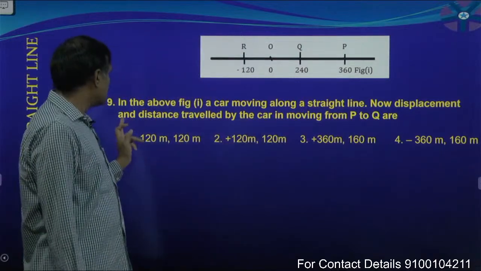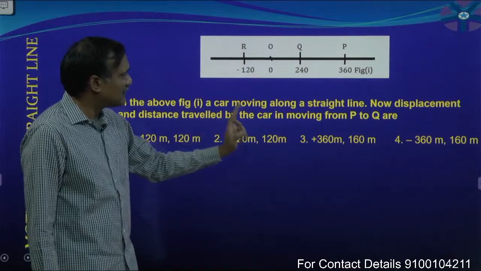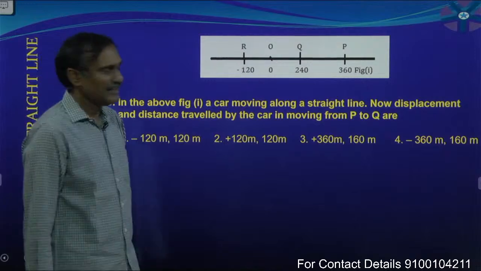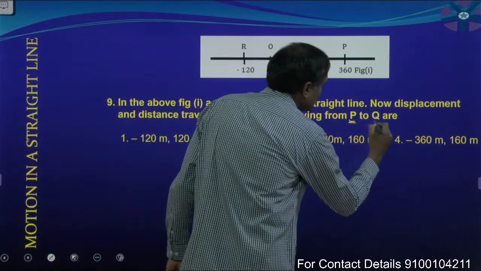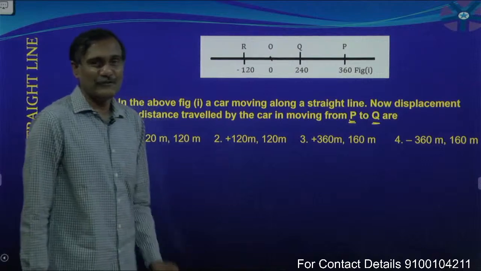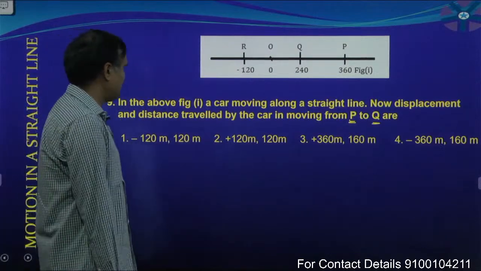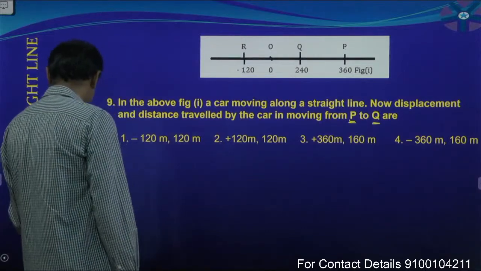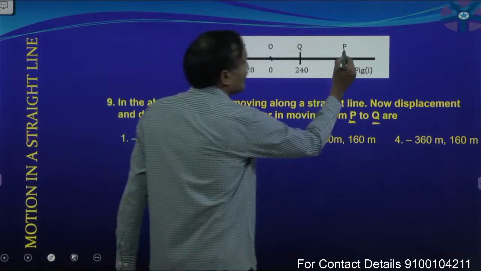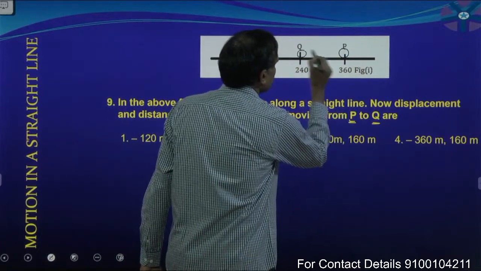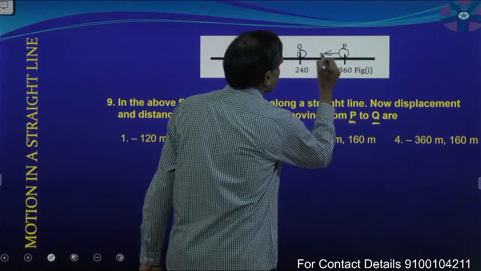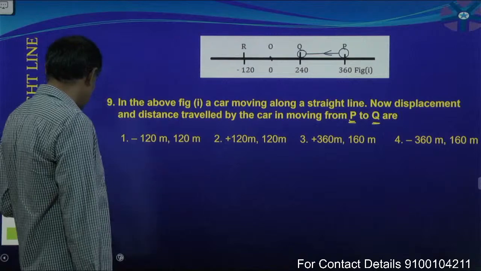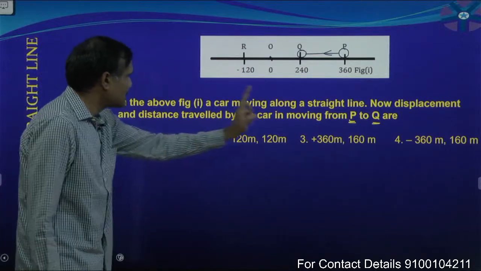Now, find the displacement and the distance travelled by the car in moving from P to Q. First, I want to calculate displacement in moving from P to Q. It travels from P to Q in this manner. For that journey, which one are we going to calculate first?